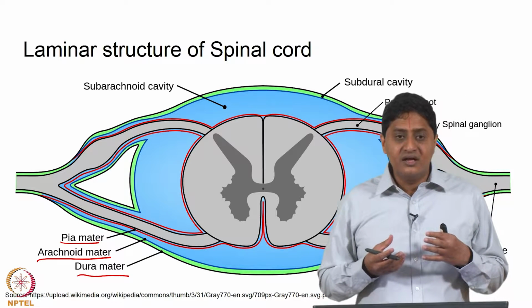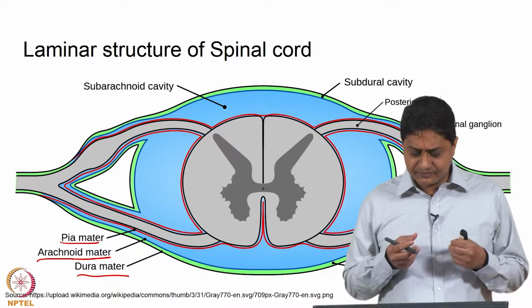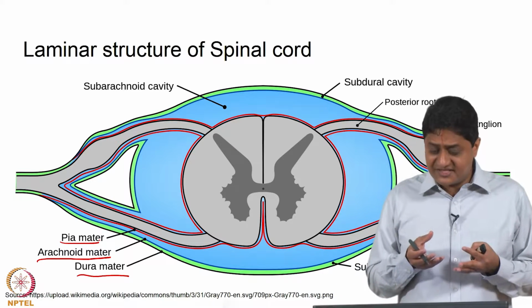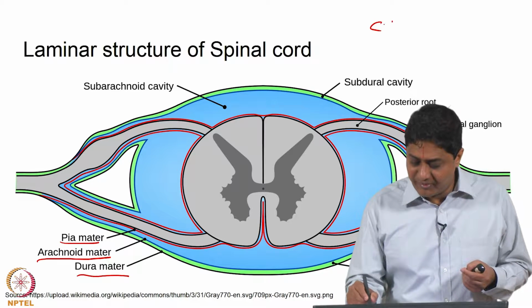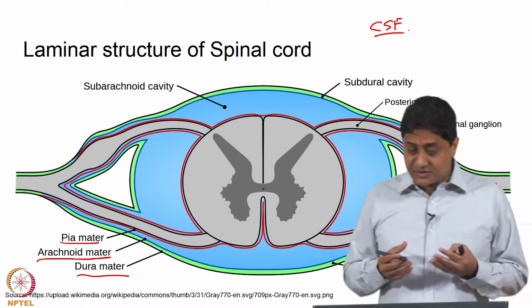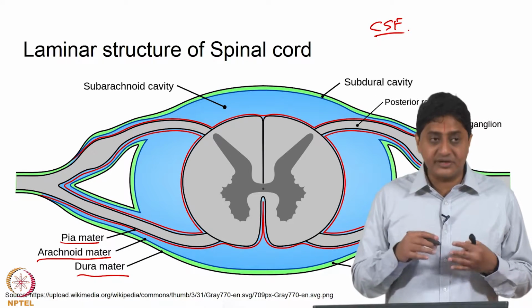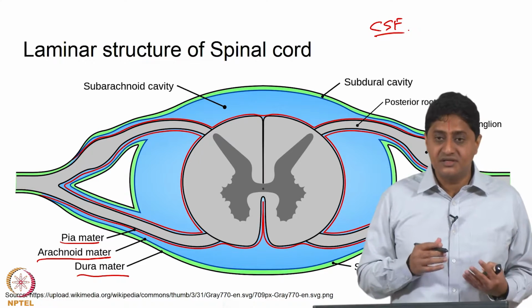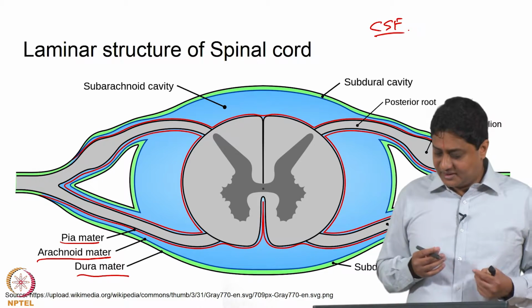There is the fluid in which these neurons are suspended, right. This fluid is called the cerebrospinal fluid, CSF. So, it is not that the cerebrospinal fluid protects only the brain, it also covers the spinal cord as well, right.